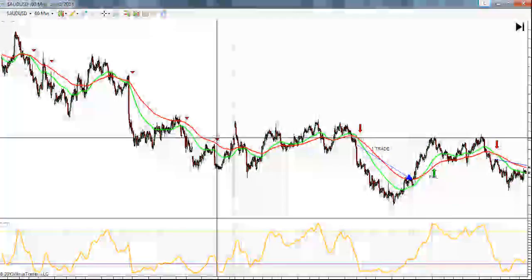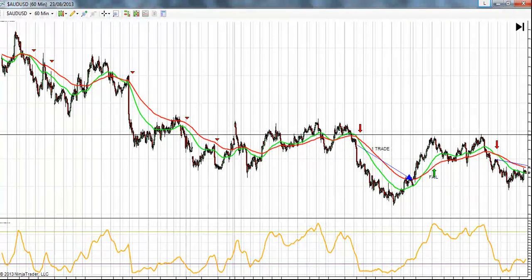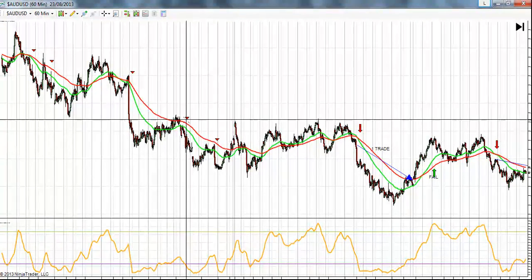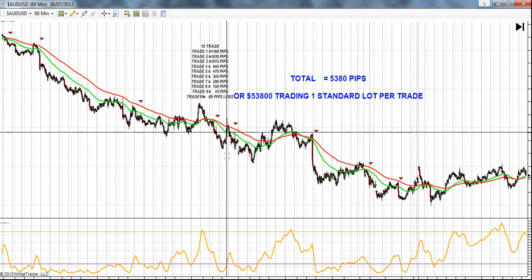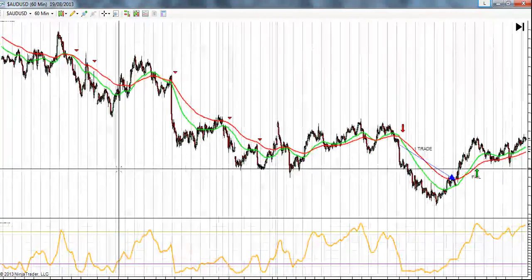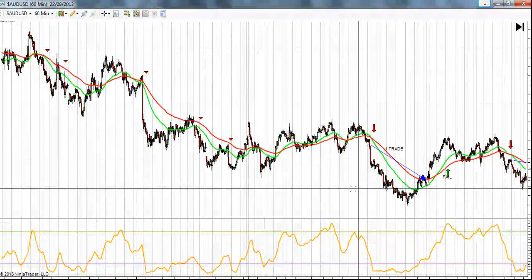Now trade 10, you can see the trend basically finished here, and we had exit signals just around here. So this trade here would have got stopped out for around 80 pips. So there's one loss at the end, but the whole movement was profit, profit, profit, profit, profit.